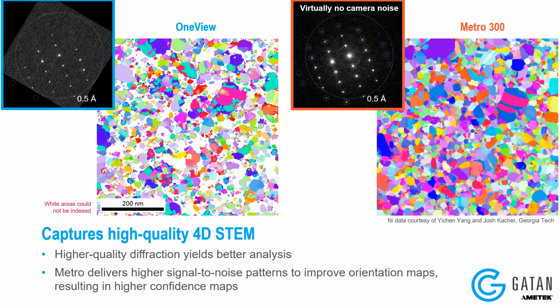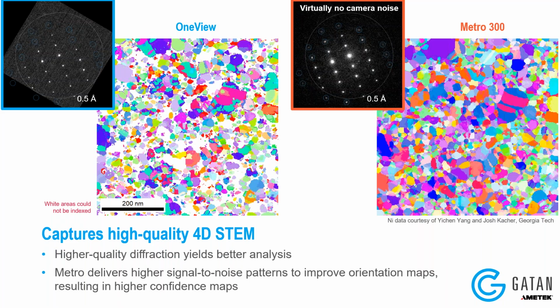And they can see that the diffraction patterns are much higher quality with the Metro camera. There's virtually no camera noise, no background from the camera itself. And so this gives you higher signal to noise diffraction patterns.